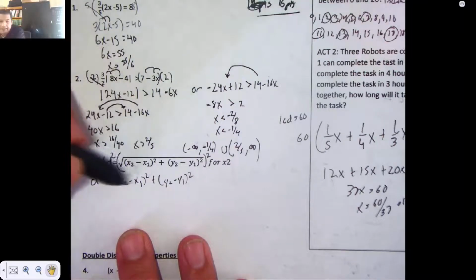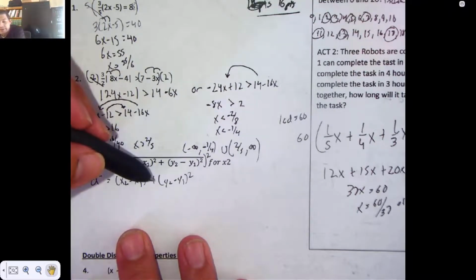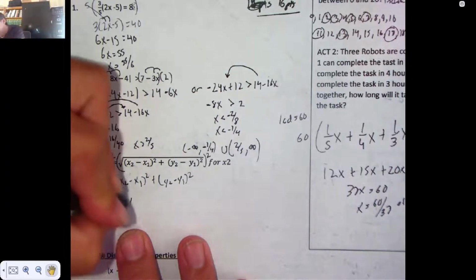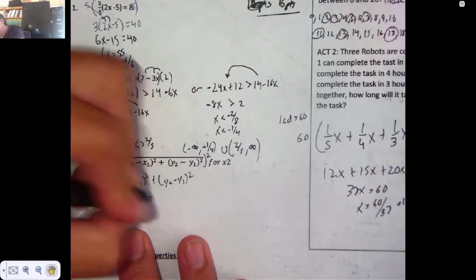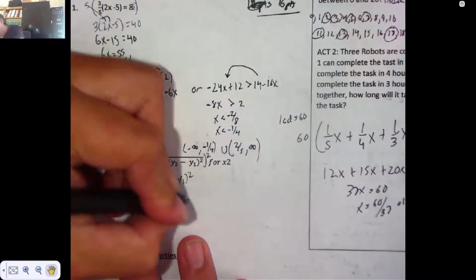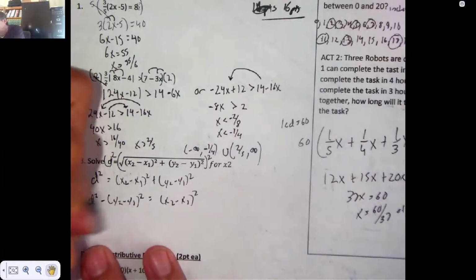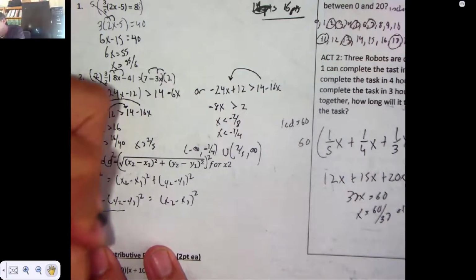I want to get at this piece right here, so I'm going to counteract the subtraction because it's easy. Now I want to counteract the square. I do that by taking the square root of both sides.